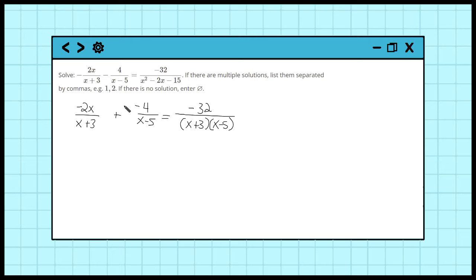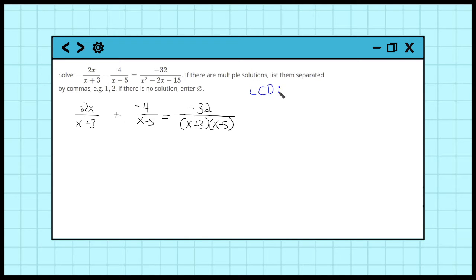That's really great because that means that these two denominators are both included in this denominator. So unlike some of our other problems where finding the common denominator can be a little bit tricky, it's much easier for these types of problems. When I say that x plus 3, x minus 5 is already covered over here and here, then I know x plus 3, x minus 5 is my common denominator.